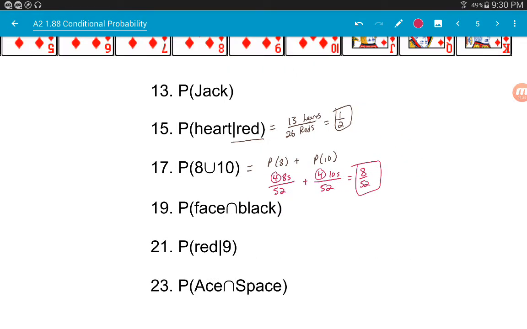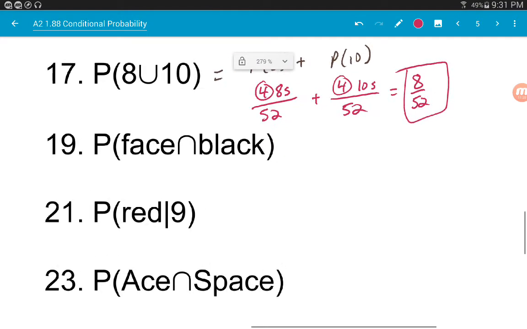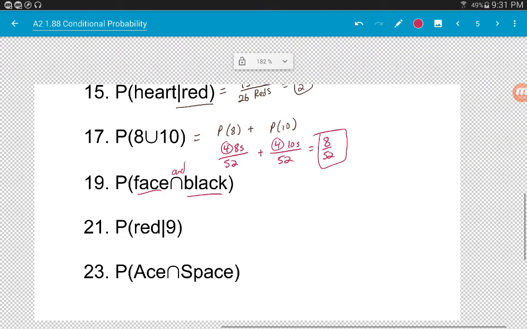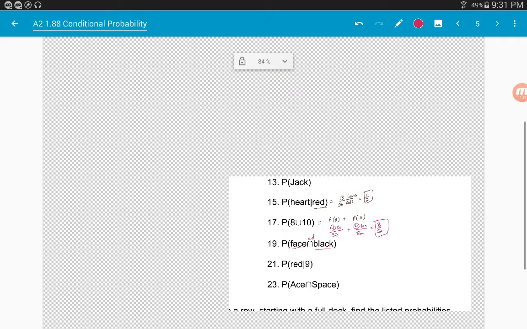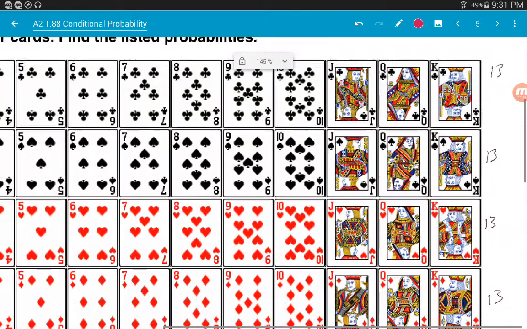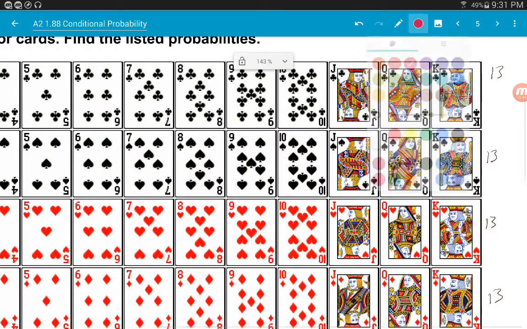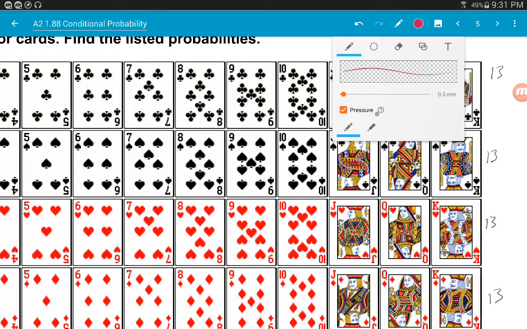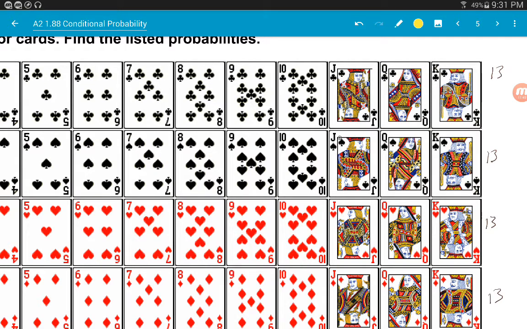Let's do one intersection. Probability of a face card and a black card. So I need to get both. So how many cards are both? Let's see. How many of these cards are face cards and black cards? I'm going to switch to a highlighter because that would be more useful right now. Well, this jack, this queen, this king, this jack, this queen, and this king.